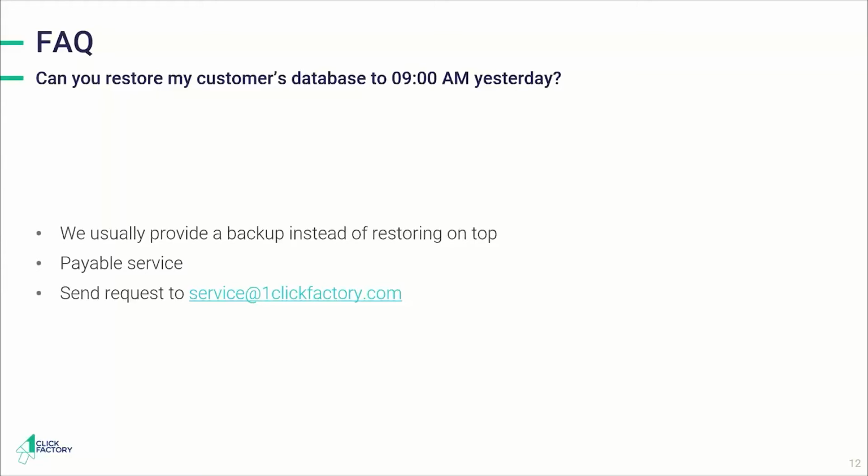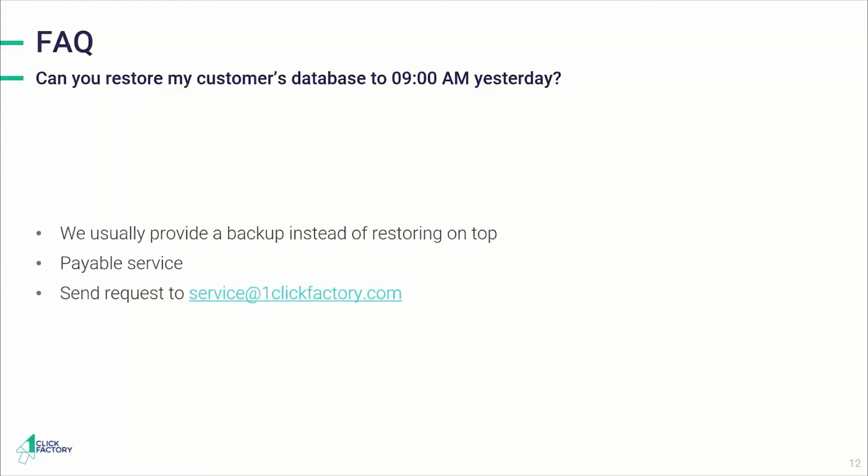We can just restore the database, but the usual procedure is that we provide you with a backup instead of restoring on top of your database, because usually partners want to just see some data, not overwrite the whole database. So the standard procedure is to provide you with the backup. If you need to restore it on top of your own database, you can easily do that on the portal.